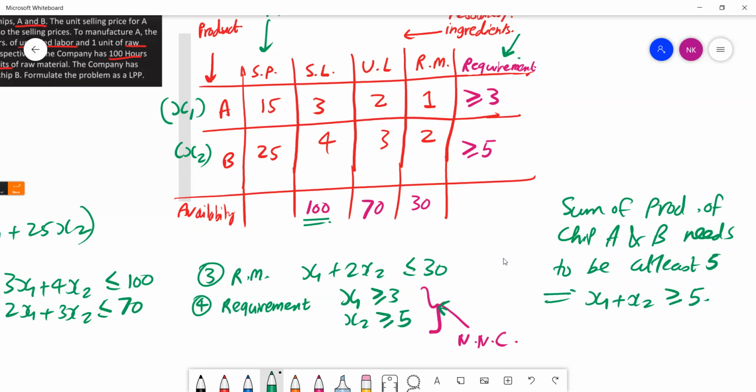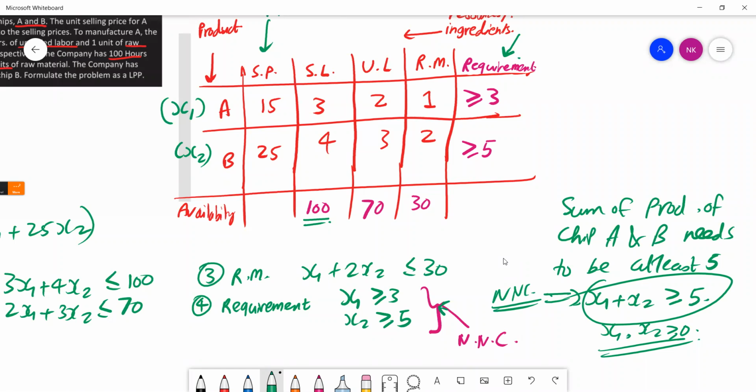This doesn't serve as the non-negative constraint. So at this time you need to write x1, x2 greater or equal to 0, because it doesn't mean that both values are non-negative. Only if it means that both the values are non-negative do you not need to write the non-negative constraints; else you need to write them.